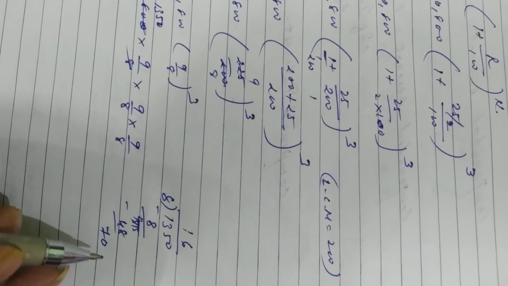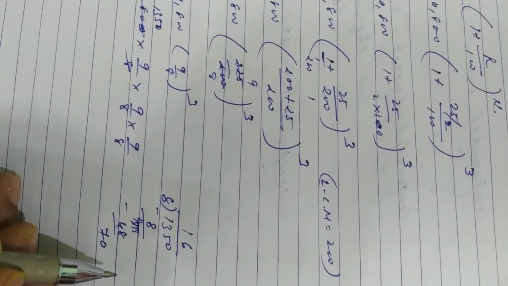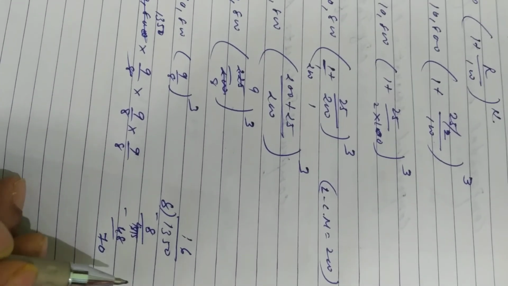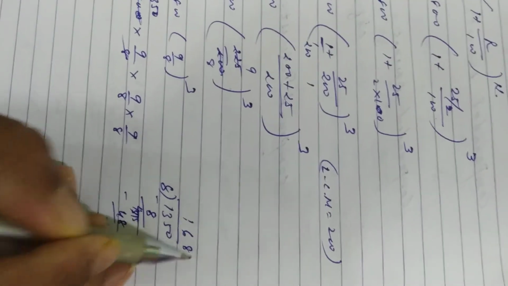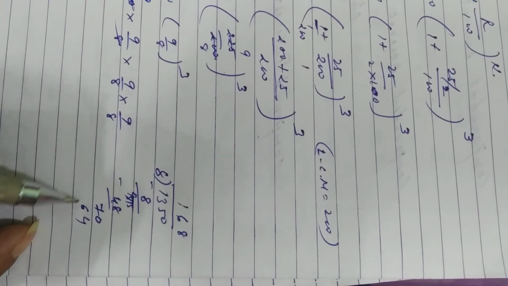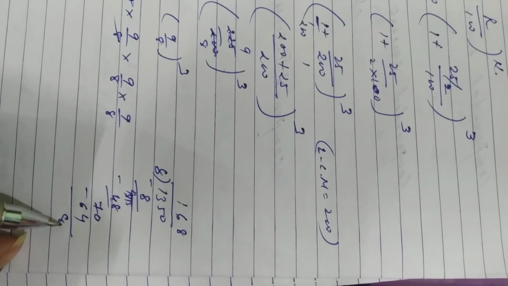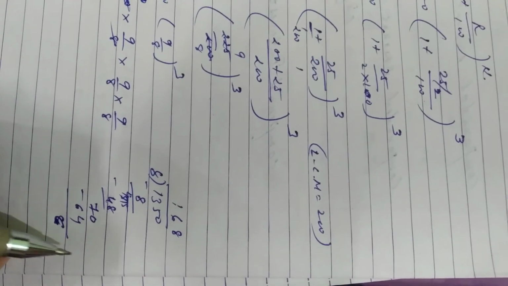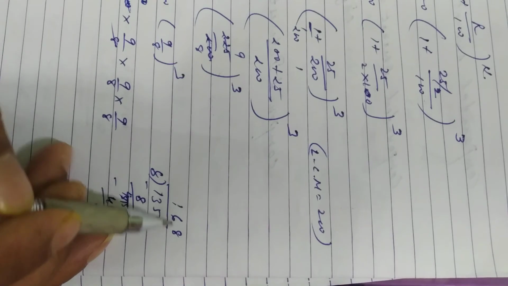Now 8 eights are 64, so what remains again? 6. So here we get a decimal. So let it be.